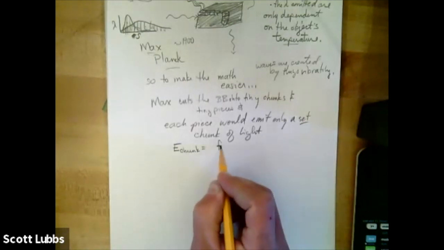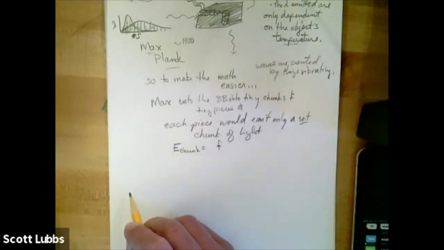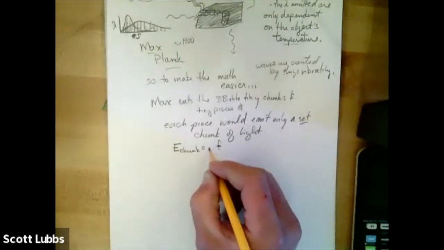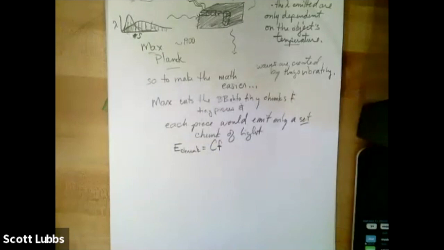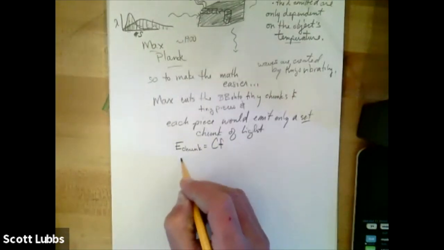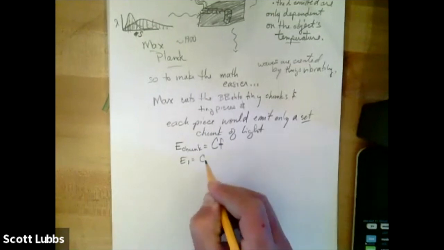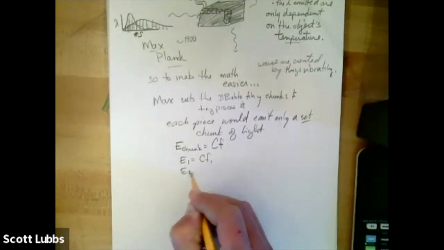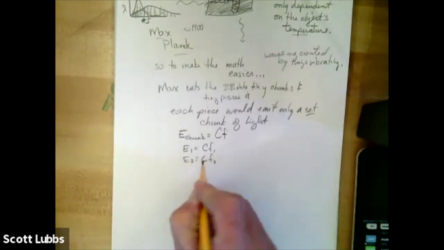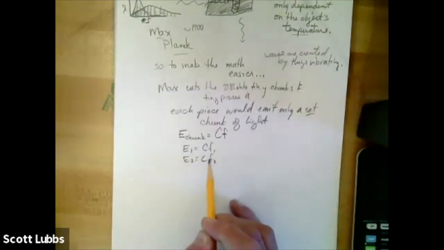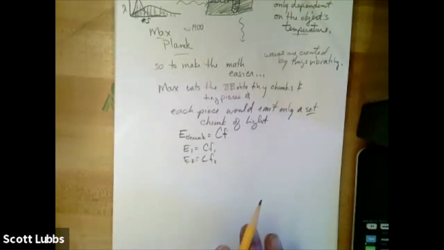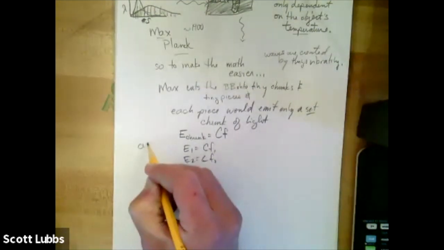Each chunk is going to emit some frequency of light, and then I need this to be an energy, so I'm just going to put some constant out in the front of it. Chunk 1 is a constant times frequency 1. Chunk 2 is the constant times frequency 2. He doesn't know what that constant is. He goes, I just need to convert it from frequency to energy so it's got the units right. It is very much an ad hoc setup.